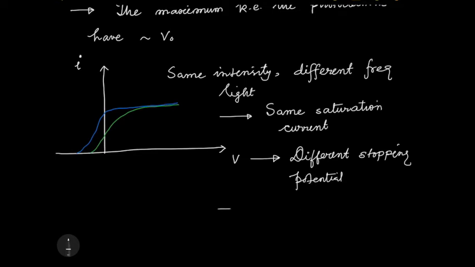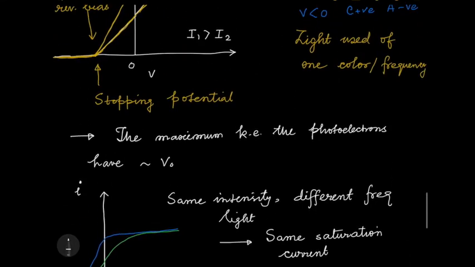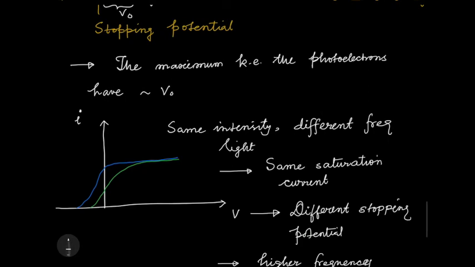And one more observation is, higher frequency requires higher stopping potential. What I call V0 is this distance. Let's call this V01 and this V02, and this as nu1 and this as nu2.